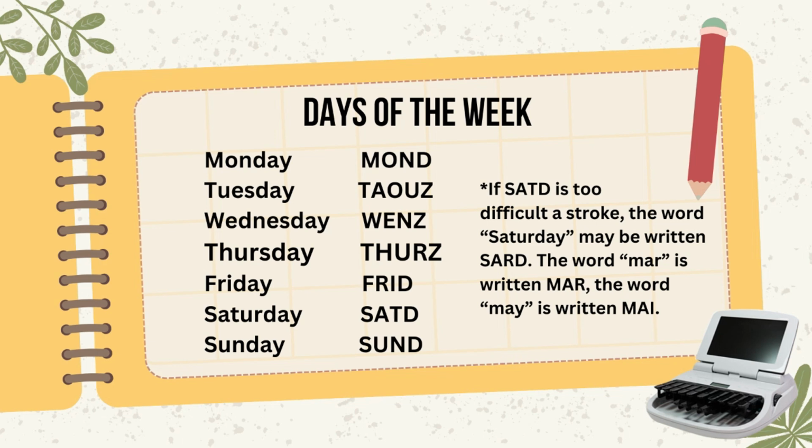If Saturday is too difficult a stroke, the word Saturday may be written as SARD. So, if it's difficult to write Saturday using initial S, vowel A, final T, and D, we may opt to use initial S, vowel A, final R, and D.